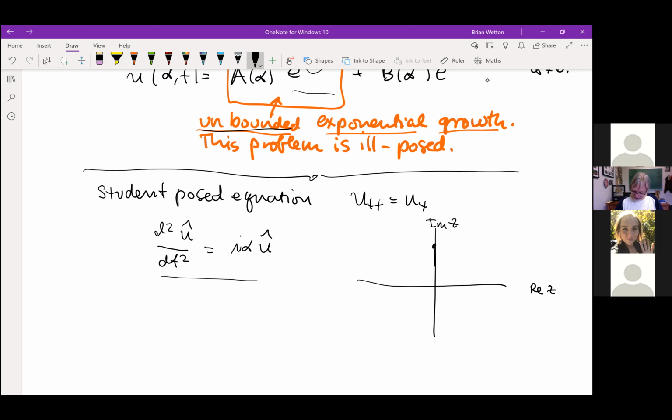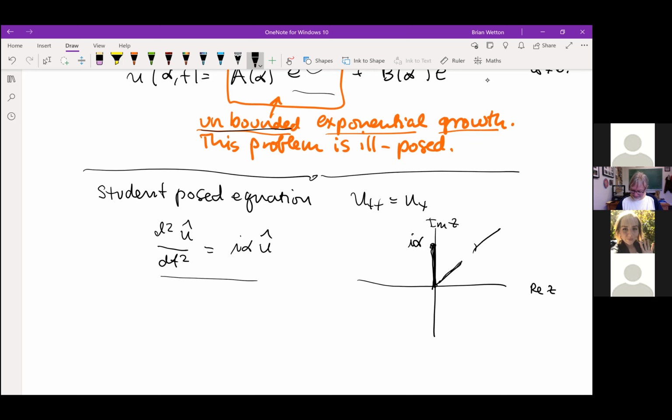I've got this thing i alpha, and I have to figure out the square root of it. Now you have to think back to Math 400, or 305 something, I can't remember what course you would have had. But this is 90 degrees, so the square root goes out at 45 degrees.